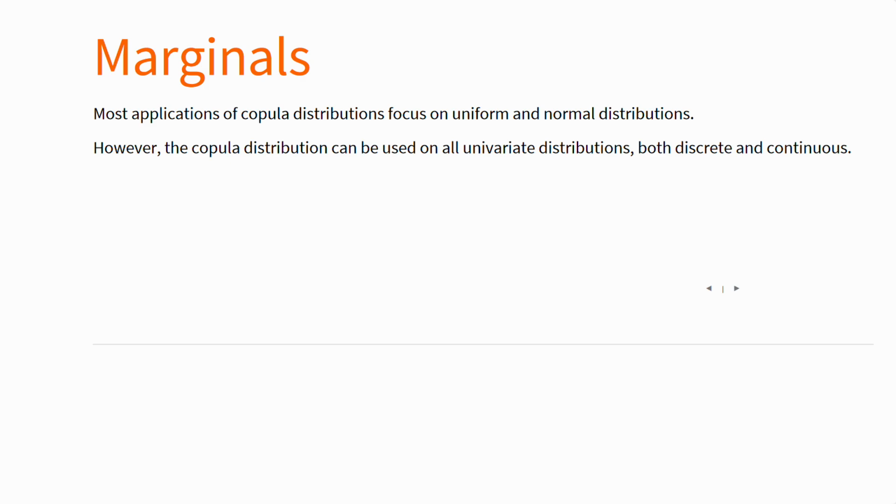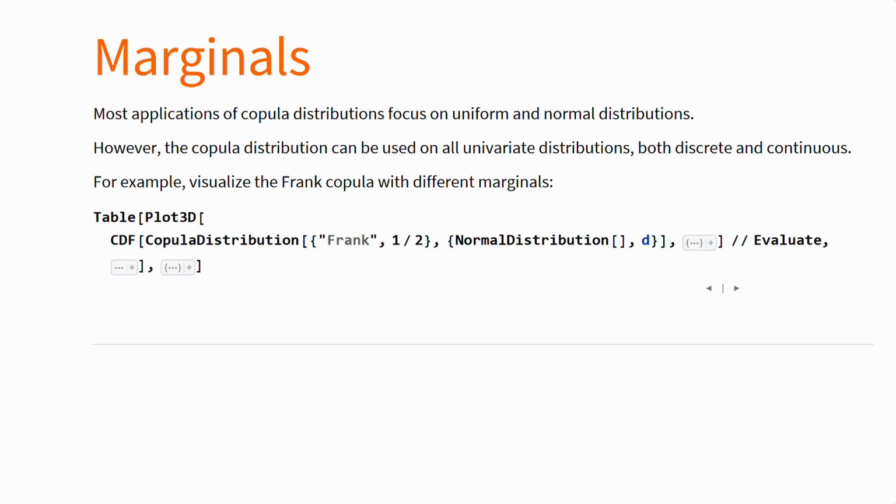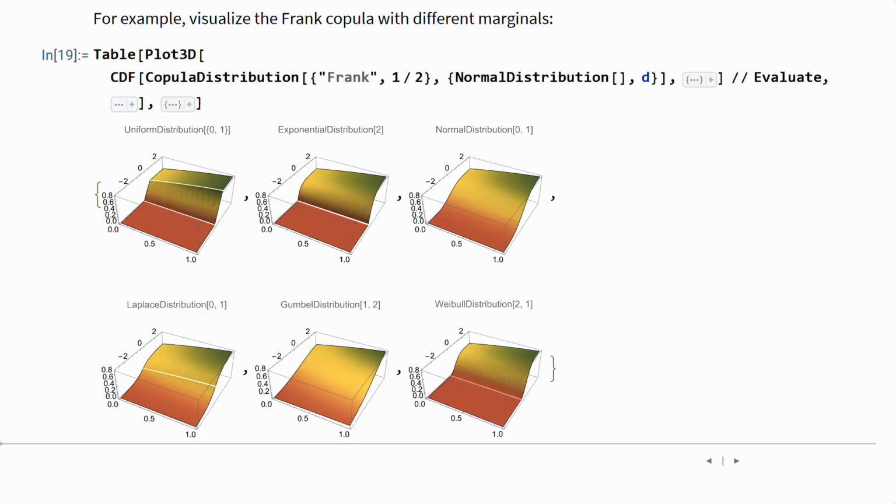I must warn you, copula distributions easily get incredibly complex. But for the sake of beauty, let's try many different marginals with a standard normal distribution and the Frank kernel, just for fun. And yeah, the variations don't disappoint.